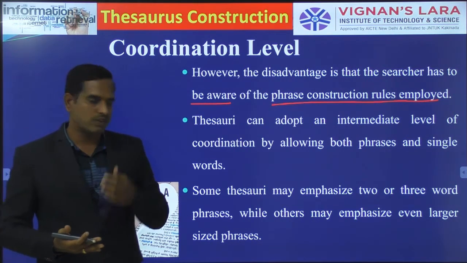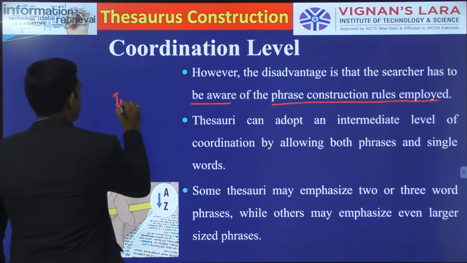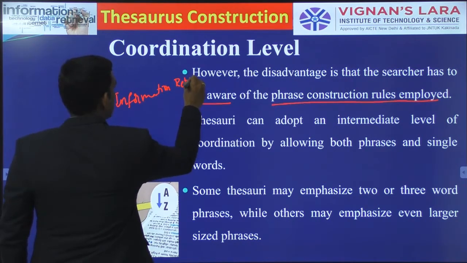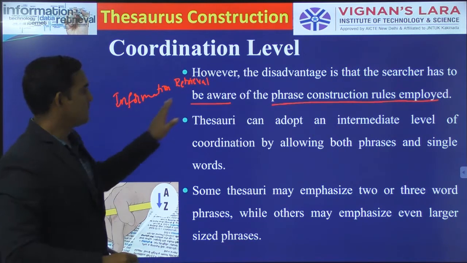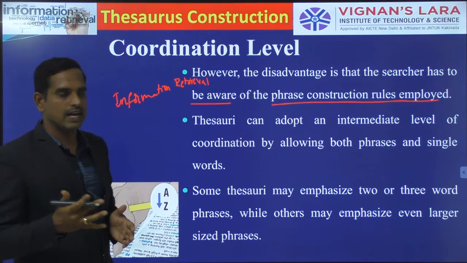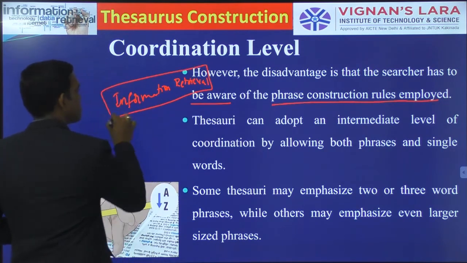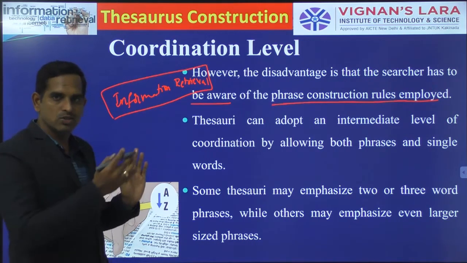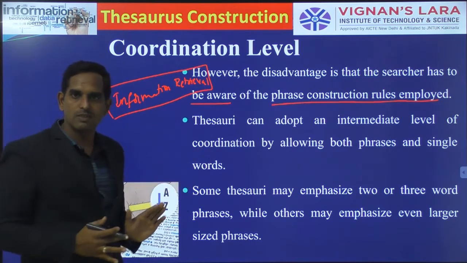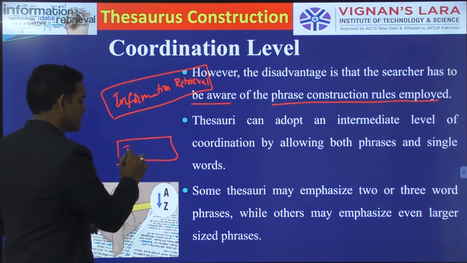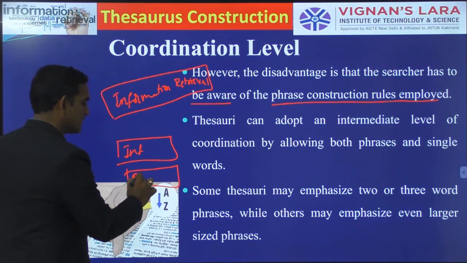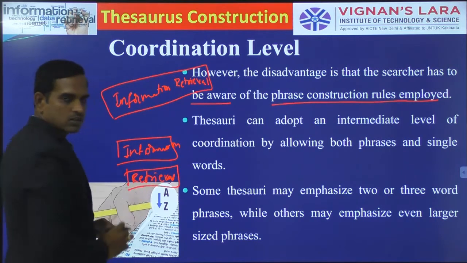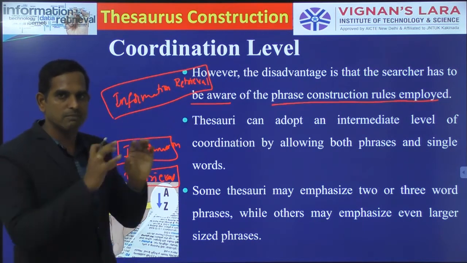If he tries to mix the searches, it will not be possible for your system to retrieve the results. So for example, if I am trying to search for the words information retrieval, and your pre-coordinated thesaurus implemented this as one term or one phrase, and there are no separate terms for information and retrieval, that is, there is no separate word information and no separate word retrieval, so your system has implemented information retrieval as one phrase.